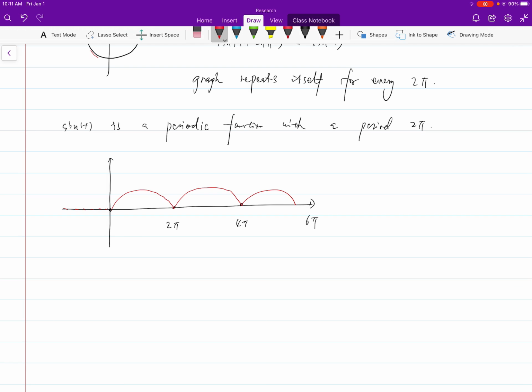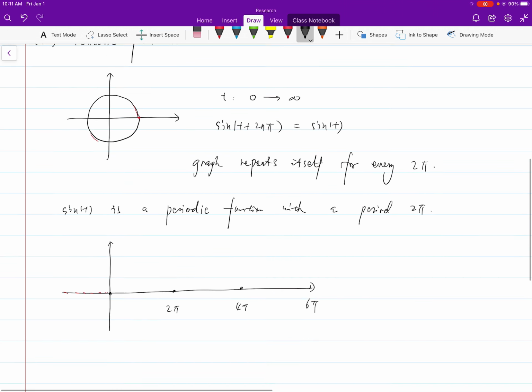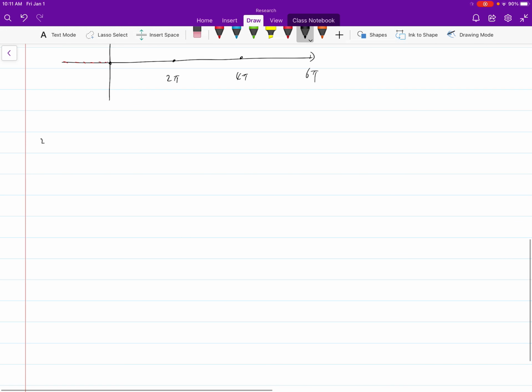And as long as we figure out the shape here, all other shapes will be exactly a copy of this, and you copy it for every single 2 pi you have because you repeat all your values for your function. So this really helps us narrow down to figure out the graph of sine between 0 and 2 pi, and then we can get everything after 2 pi by the periodic property. Then we can get everything before 0 by the property of odd function. So we finish the whole graph.